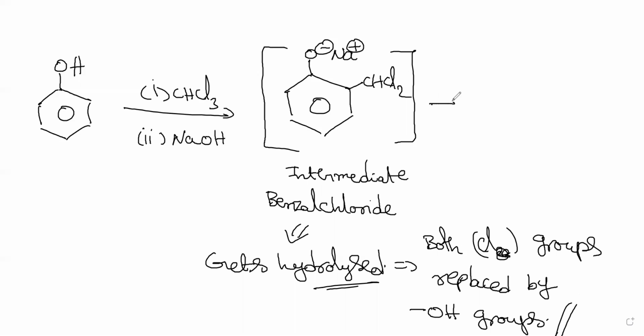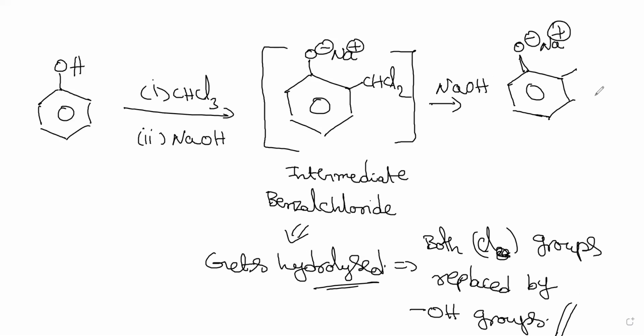So what do you get? In the presence of NaOH, this will happen, so you will get this one. Here you go, O minus Na plus, and simply CH. You may be surprised how Cl2 is going to this, so I will explain in detail.